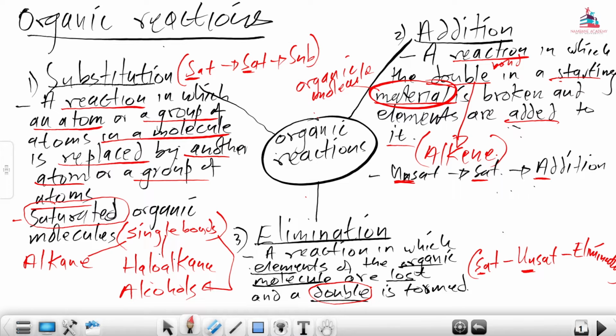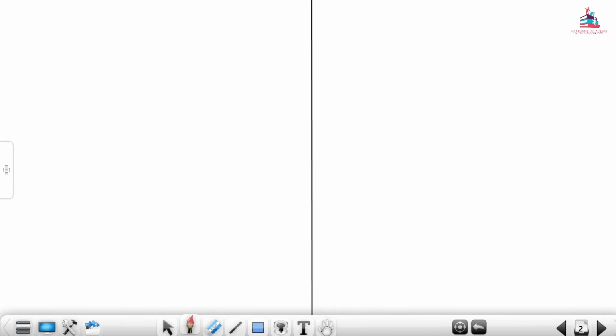I want us to understand these basics first before we explain the different types of organic reactions we have. On the next slide, I am going to talk only of substitution reactions and make a few examples of it. So let's start now with substitution.